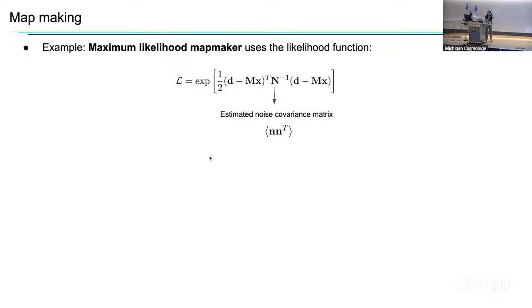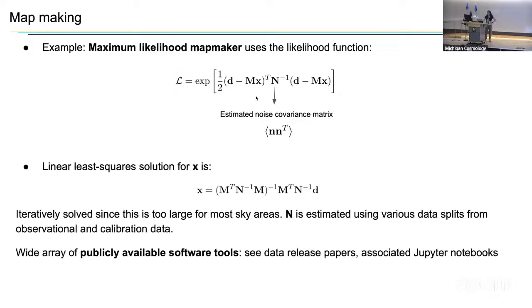One example of a mapmaker is a maximum likelihood mapmaker. This uses a likelihood function that involves an estimated noise matrix, noise covariance matrix in your construction here of this data array and pointing model and real sky observations.